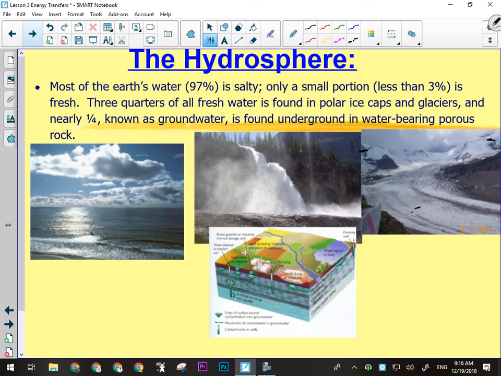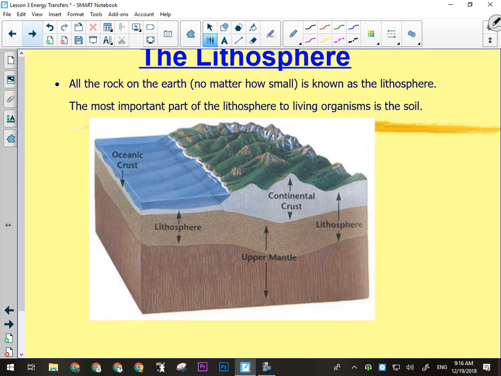All right. The lithosphere represents the solid part of the Earth. Now, the solid part of the Earth has the smallest role to play in transferring energy. It has the largest role to play in terms of the absorption of energy and the conversion of energy.